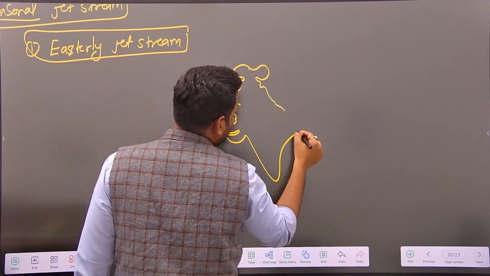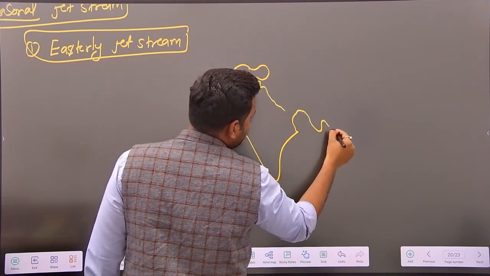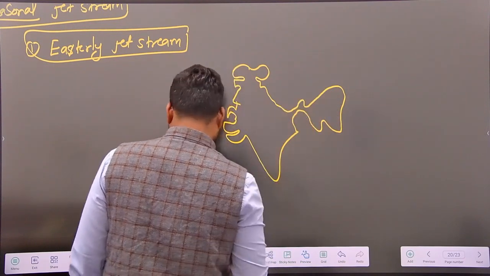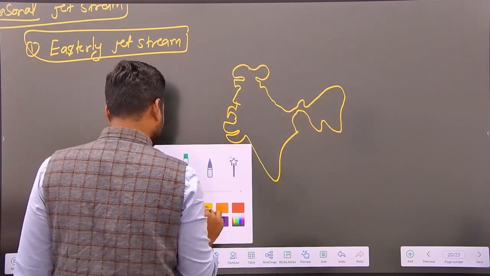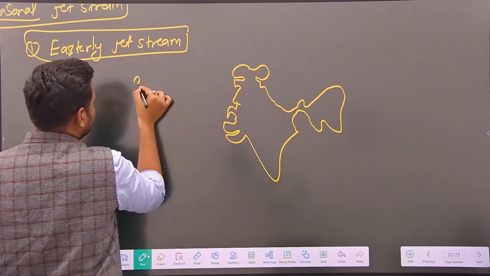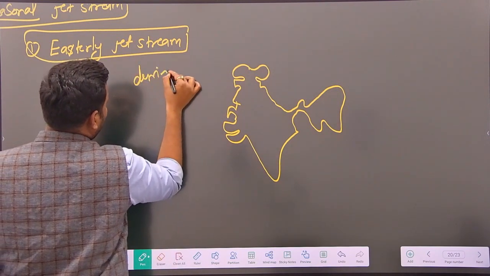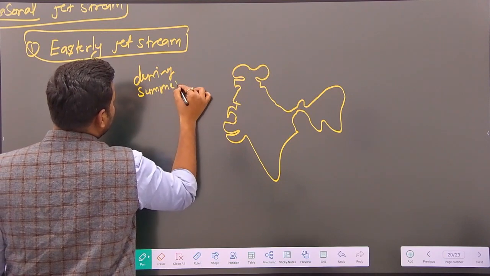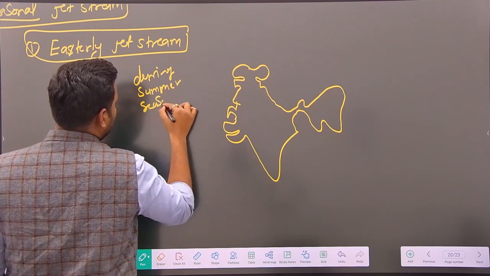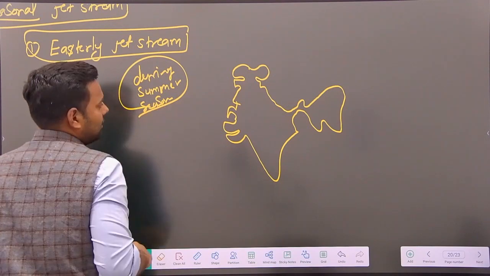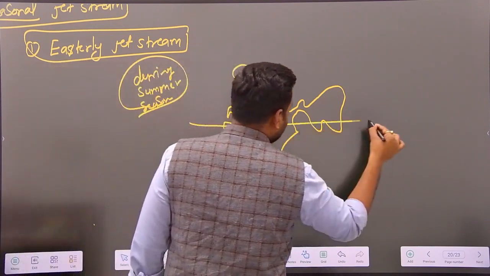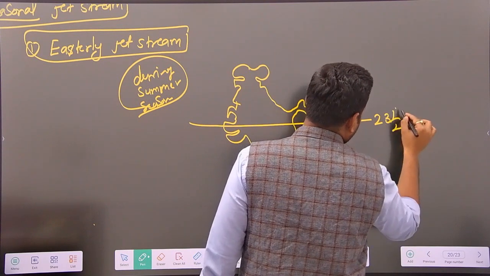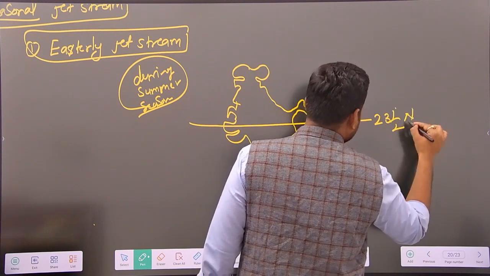During the summer season, the sun rays fall perpendicular on the Tropic of Cancer.